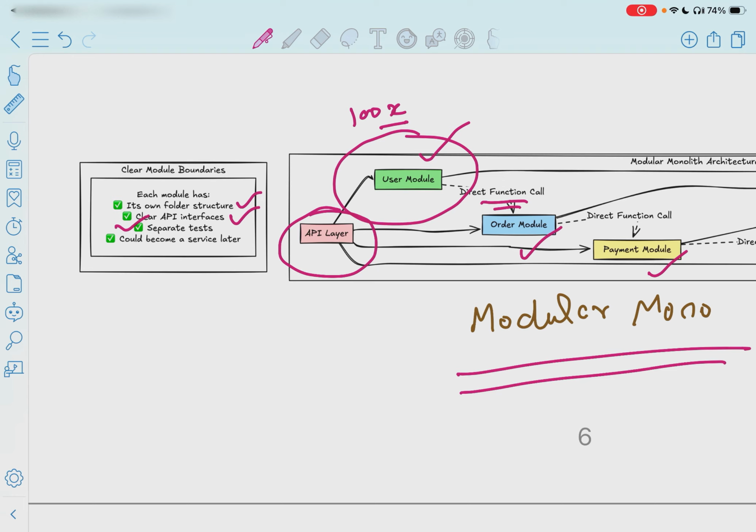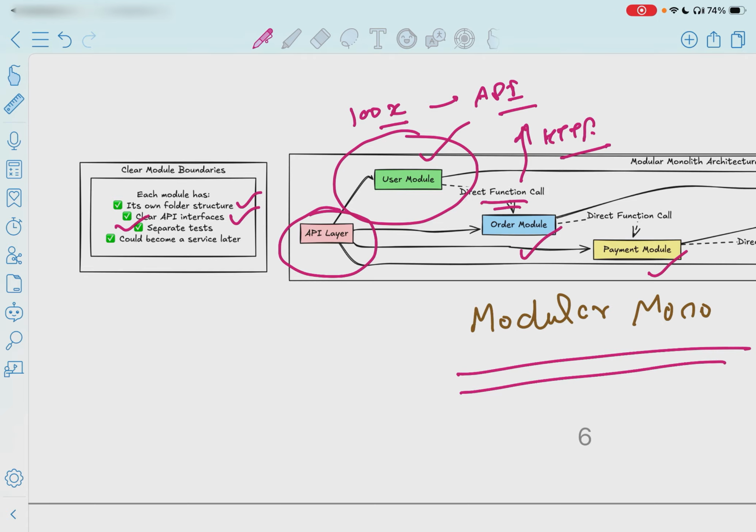I can pick all of the code of this particular module, create it as a separate service, and provide an API which other modules can make an HTTP call to interact with the user module, and I can easily segregate it as a separate service and deploy it, right? This is the biggest benefit this kind of architecture provides. You can segregate one of the modules as a separate service and continue serving the customers.